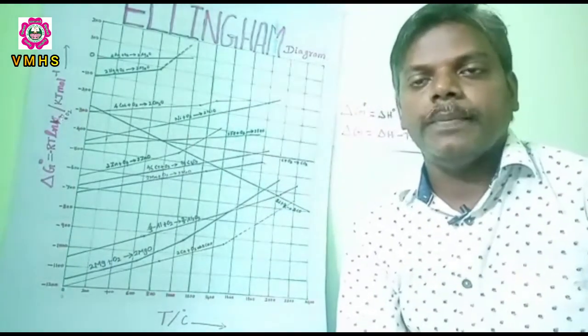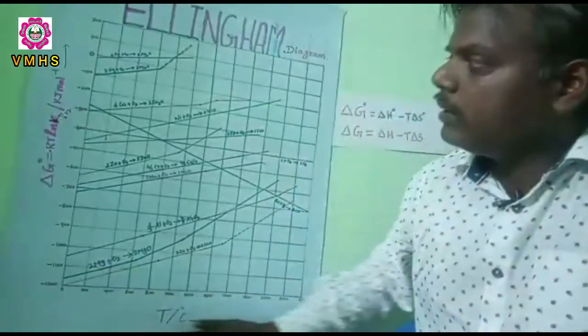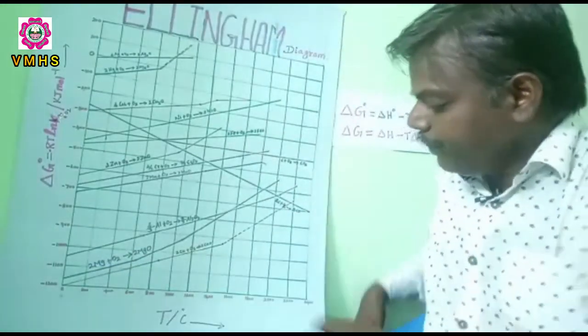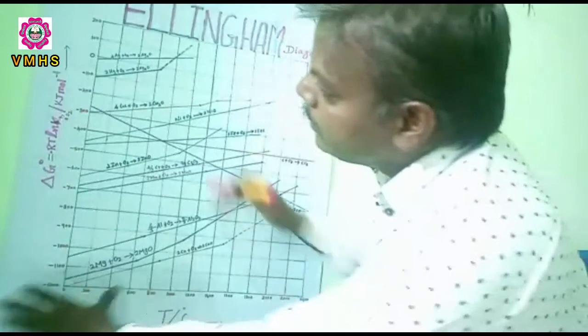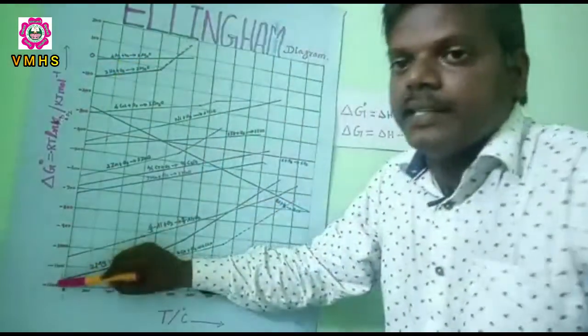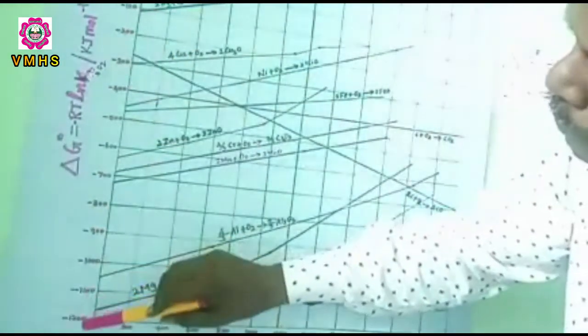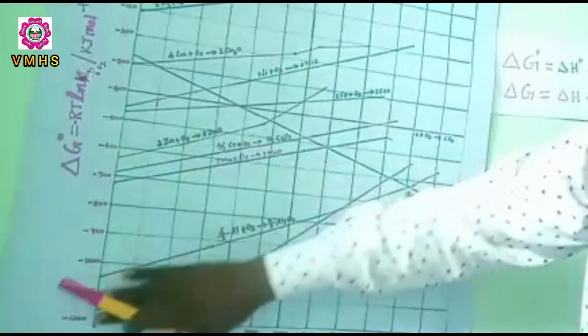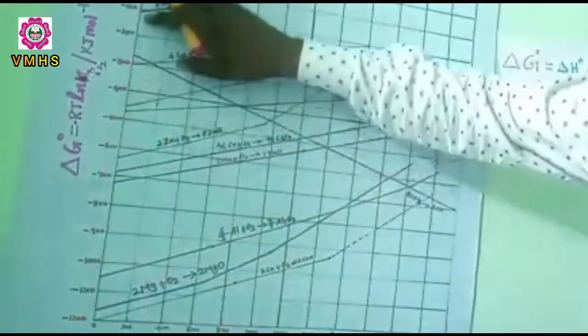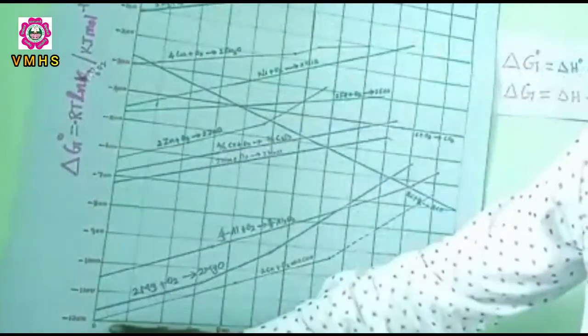Observation number 3. Generally, if you go through this Ellingham diagram, look here. From here, the negative value increases, becomes more negative, and if you go in an upward manner, the negative value becomes less. So we can say this is less negative and this is more negative.